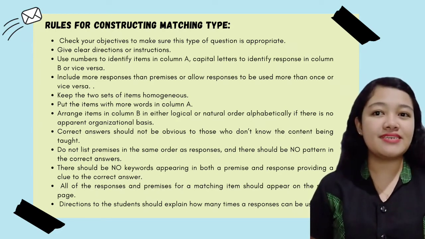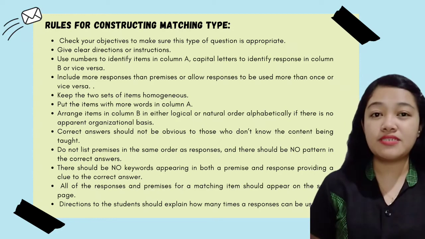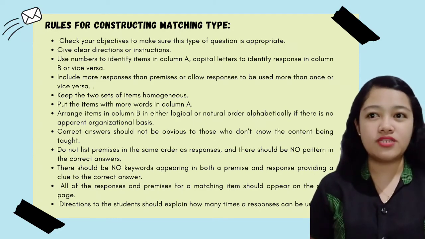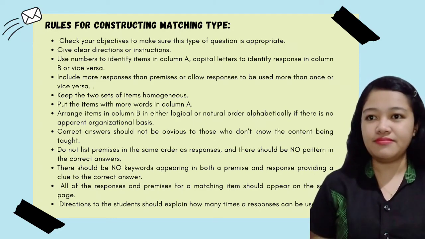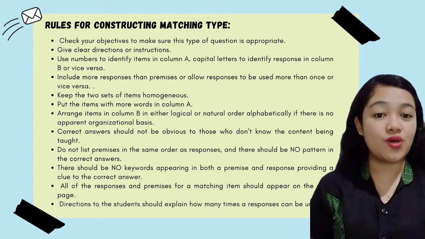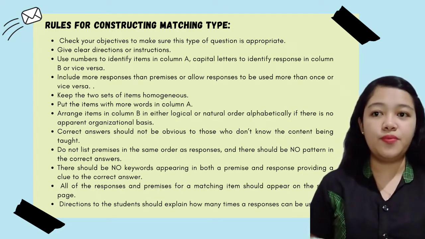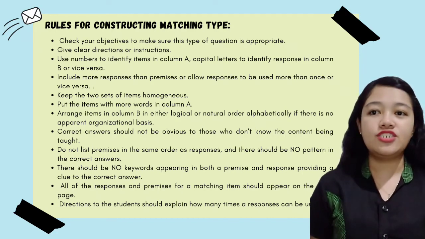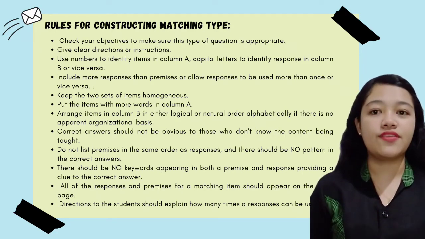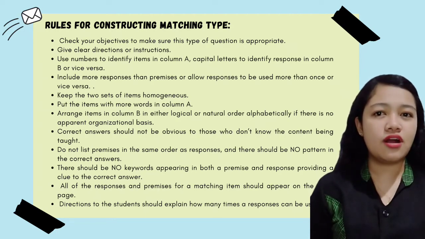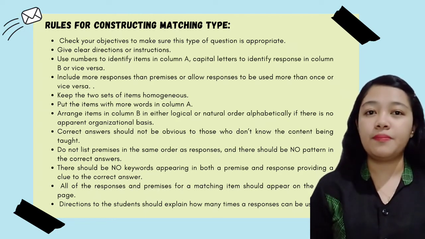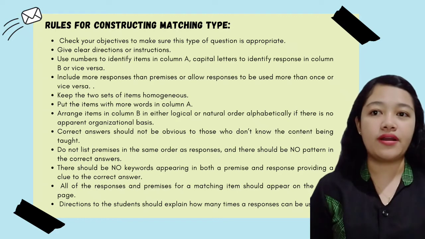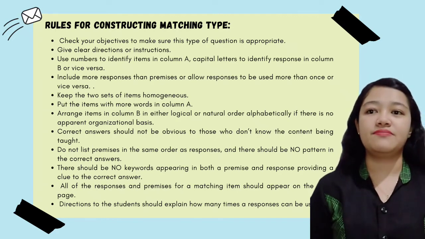Include more responses than premises or allow responses to be used more than once or vice versa. Keep the two sets of items homogeneous. Put the items with more words in column A. Arrange items in column B in either logical or natural order, alphabetically if there is no apparent organizational basis.